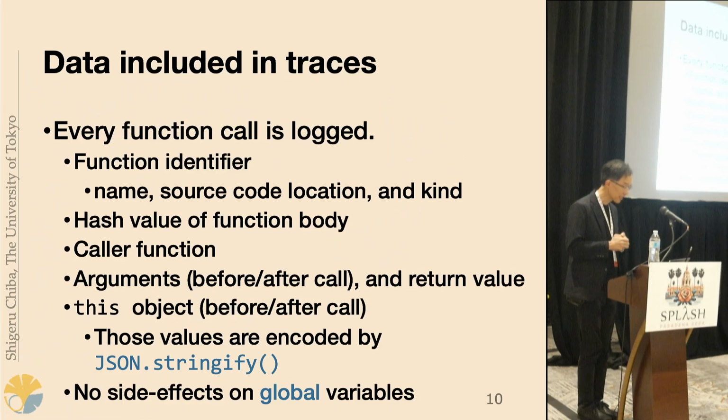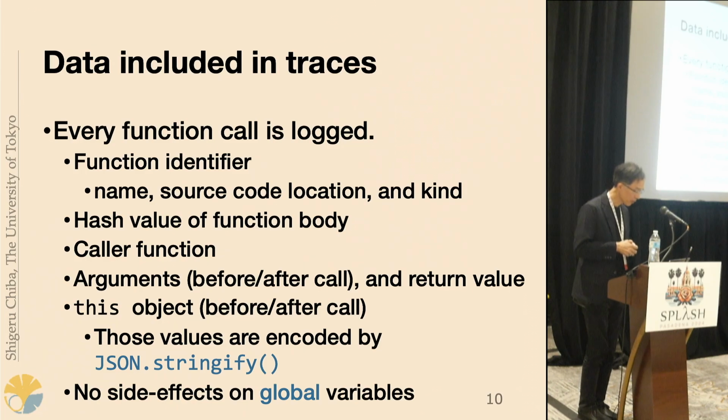It also records a hash value of the function body, and its caller function, and the values of arguments before and after that call, and also the return value. This tool also records the this object before and after, I mean, the properties of this object.